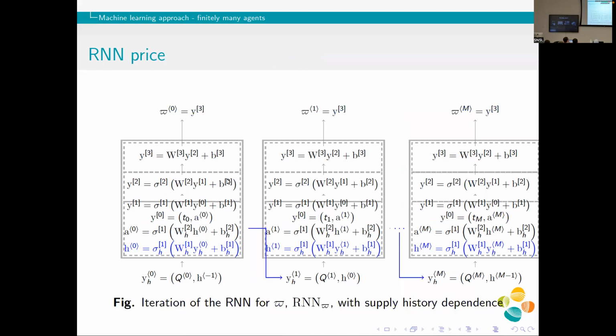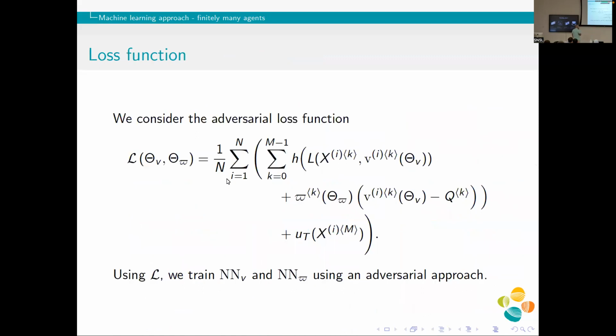So we do these recurrent networks for the trading, and we do it for the price, same strategy. And then what we do is this adversarial structure. The network for the agent seeks to minimize, whereas the price seeks to maximize this functional. And this is exactly how Lagrange multipliers work.